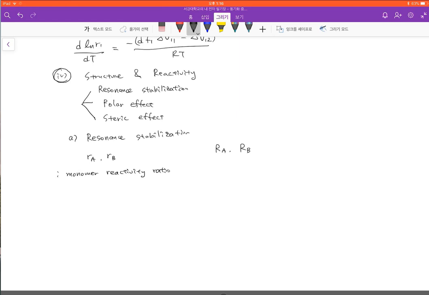Small ra and rb are defined as the monomer reactivity ratio in copolymerization, and large capital RA and RB are defined as the active center, which is the free radical reactivity ratio.